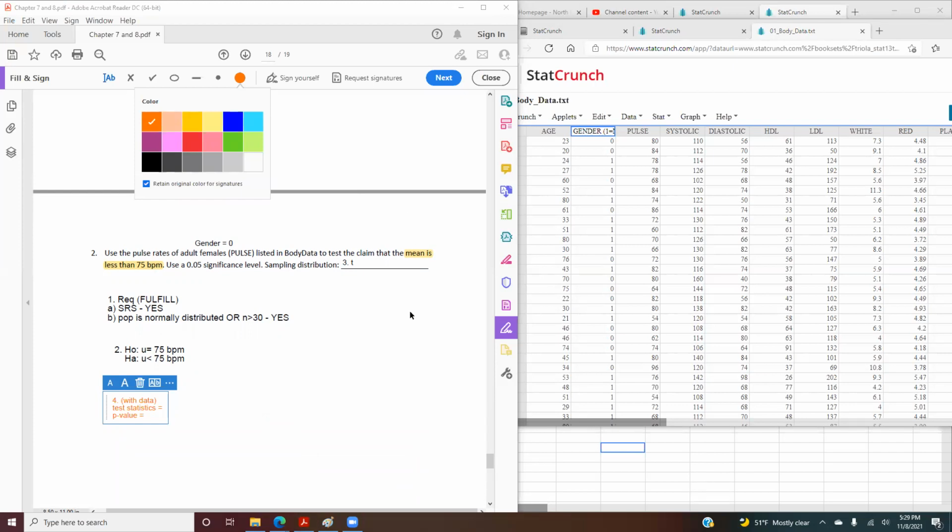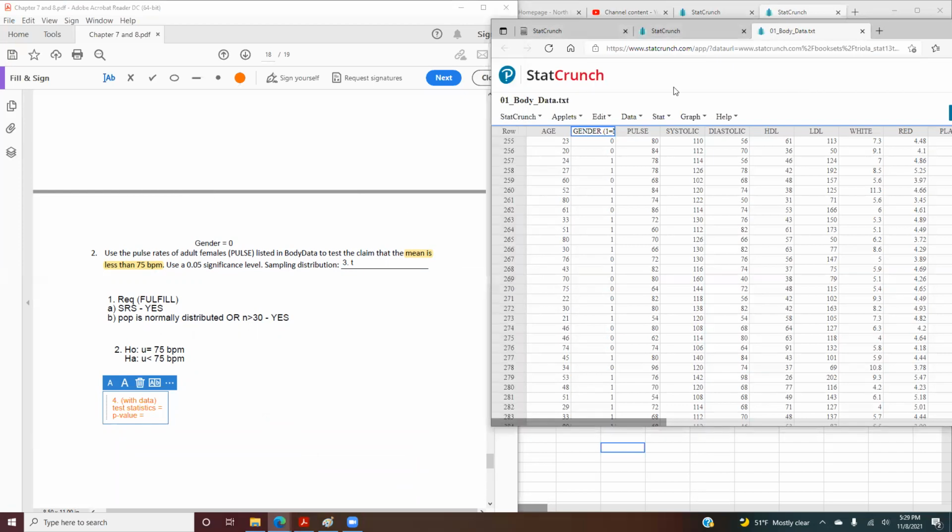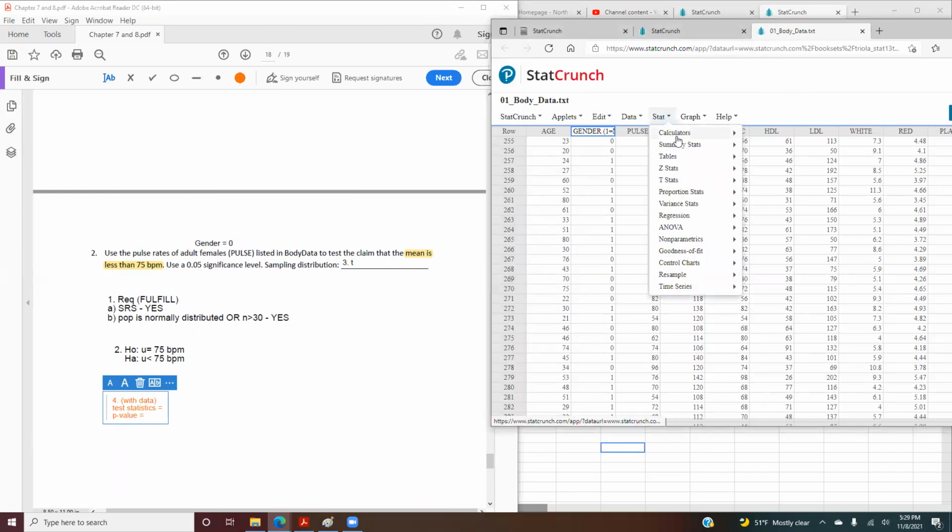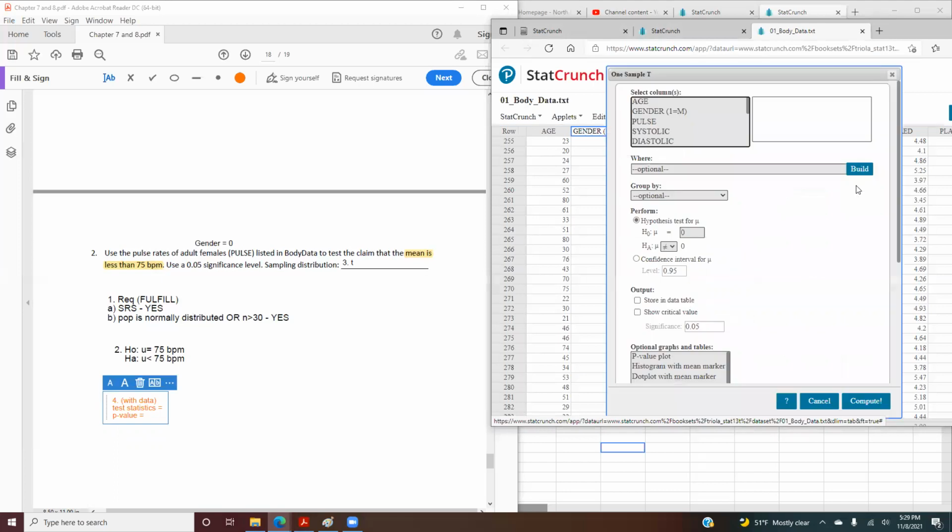In order for us to figure out this, we have to go to stats, T-stats, one sample with data. Last time we did with summary. And we're going to select pulse rate because we want to figure out what is the pulse rate. Now, if you just do this, it means we want just everyone's pulse rate.